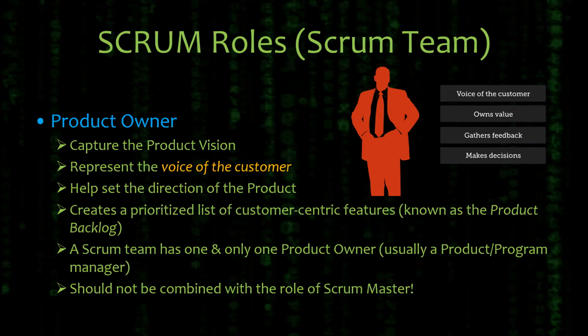And usually a Scrum team should have only one product owner, to ensure that there are no contradictory requirements, right? Because if multiple people start telling the team to do this and do that, it's going to be problematic.